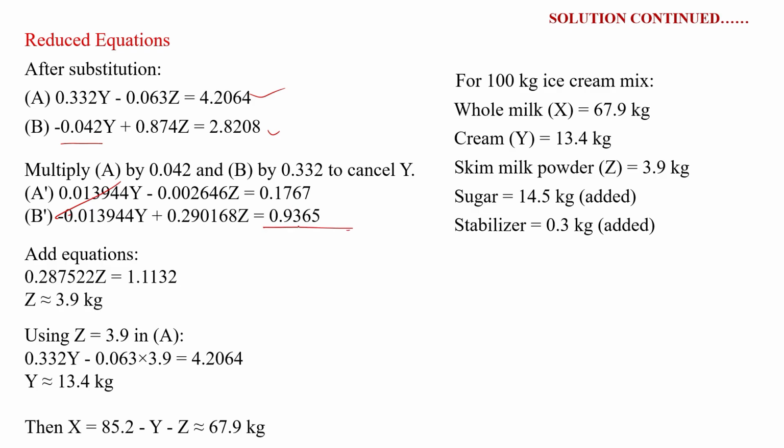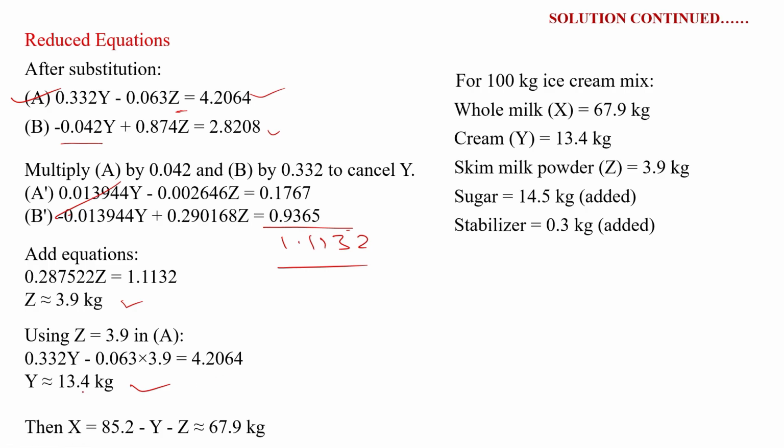So if you add these two, you have 1.1132, and from this we will have z equal to 3.9 kg. Now z is actually SMP, so we require SMP as 3.9 kg. And if we put this value of z, 3.9, in equation A, then we will have the value of y as 13.4 kg, which is nothing but the quantity of cream required.